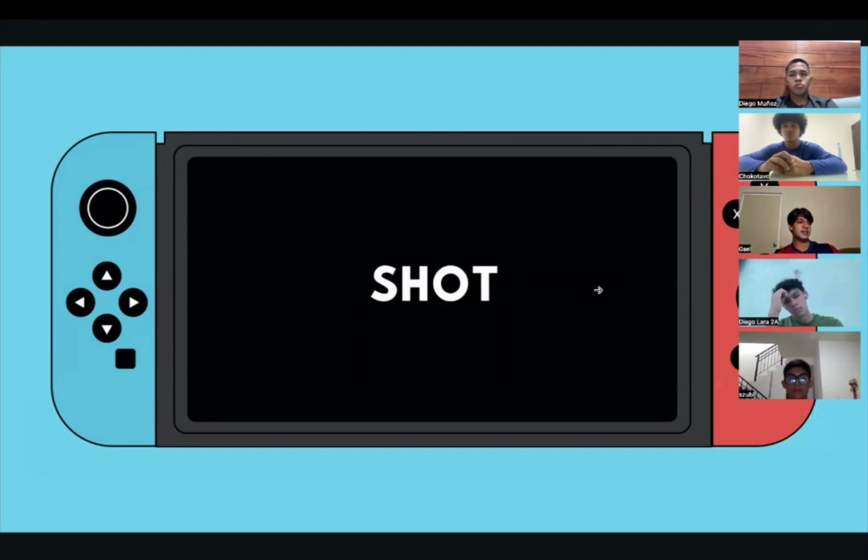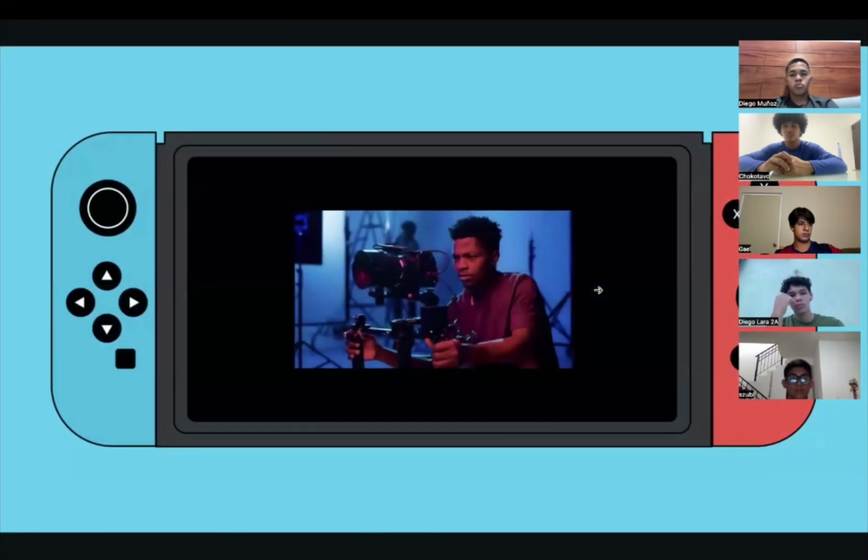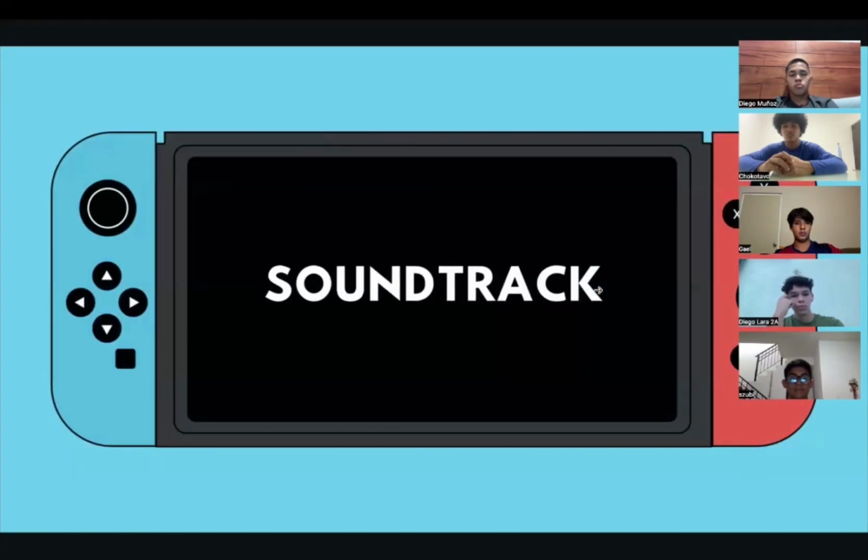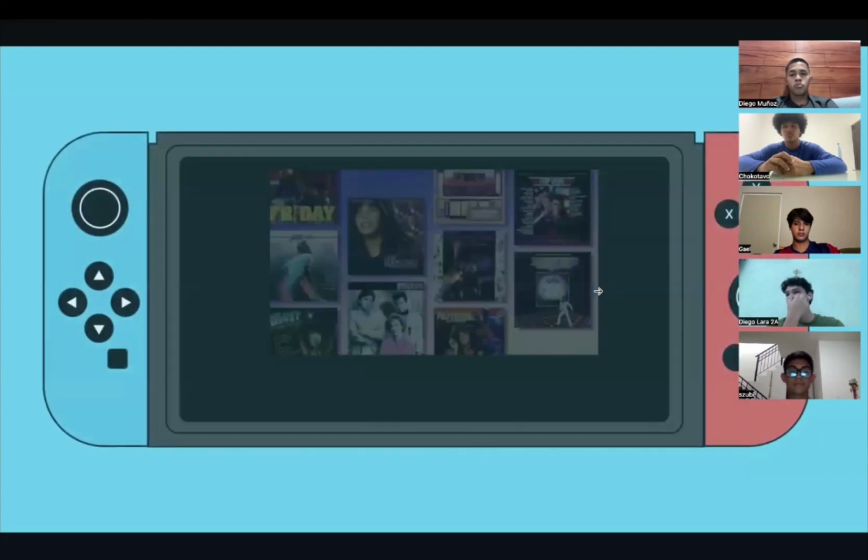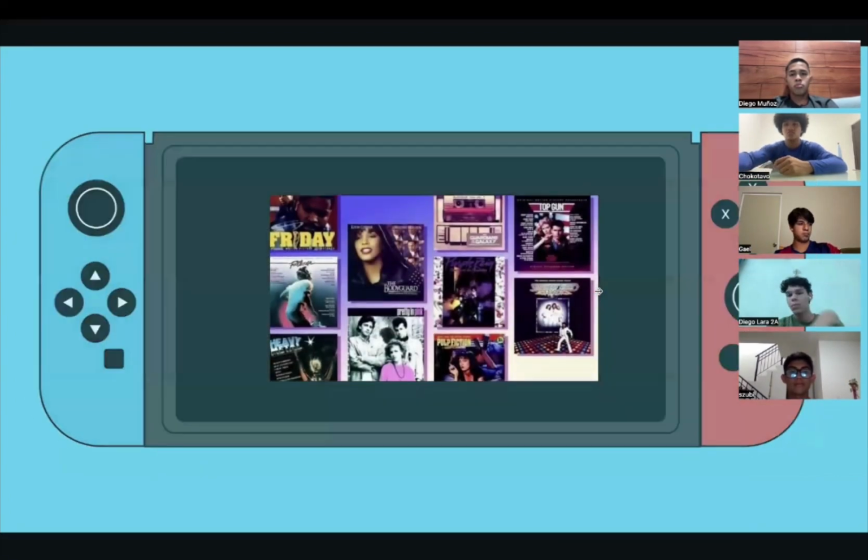The shot is a single take or view from the camera. The soundtrack is the music used in a film or a show. The viewer is the person who watches TV or movies.